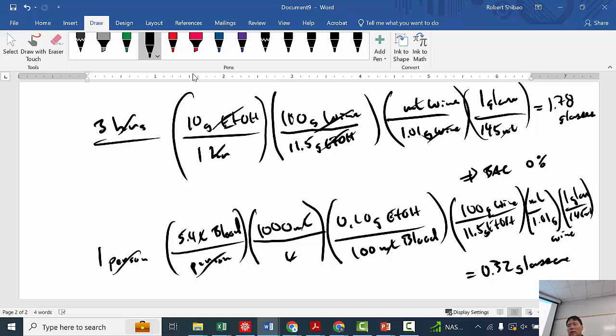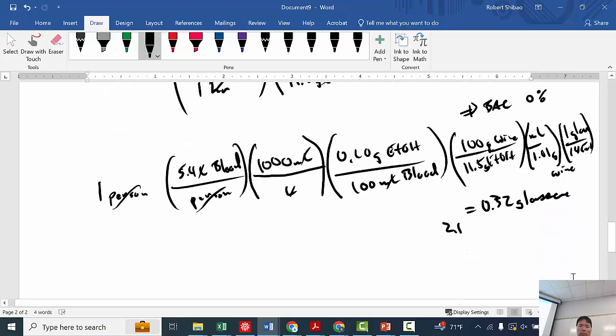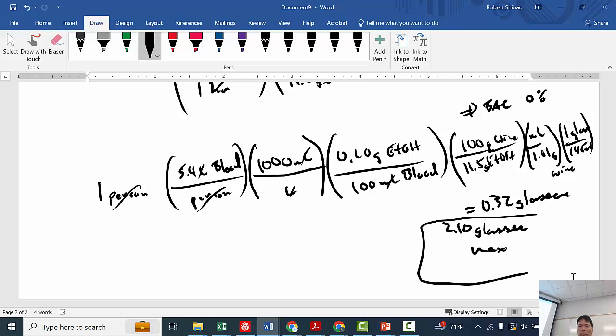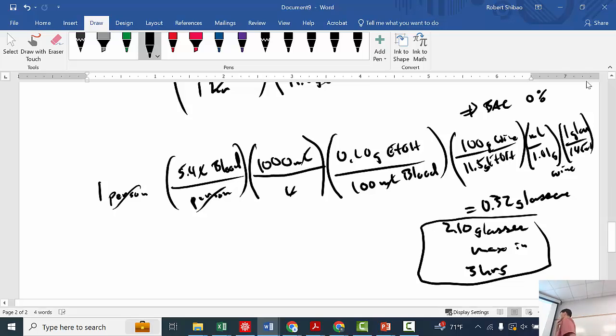And so altogether, it's 0.32 plus 1.78, 2.10 glasses. You want to go under 2.10, but then you don't know how fast your body metabolizes it.